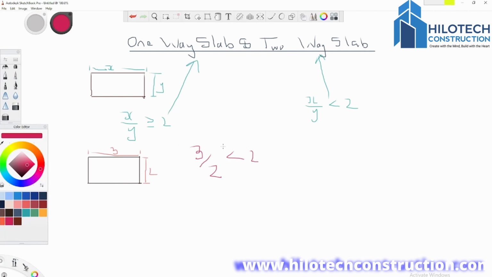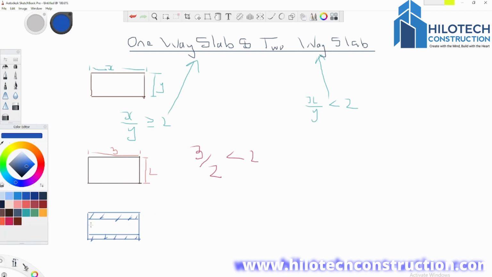But there is another thing you have to take note of. One-way slabs are supported on 2 sides only. Let me demonstrate that really quick. If we have this slab like this, for it to be a one-way slab, it is supported only on these 2 sides. By support, I mean you have the beams only on these 2 sides, like this.